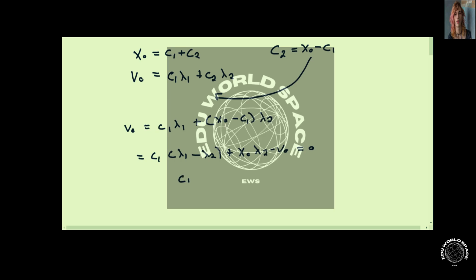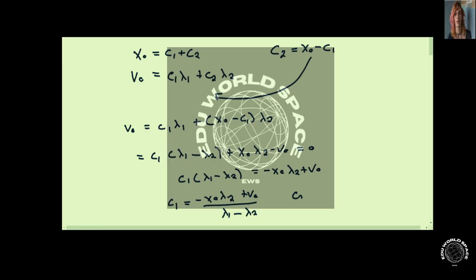And we're just going to get this onto one side, so it's x naught lambda 2 plus v naught. If we solve for c1, it's going to be minus x naught lambda 2 plus v naught over lambda 1 minus lambda 2.